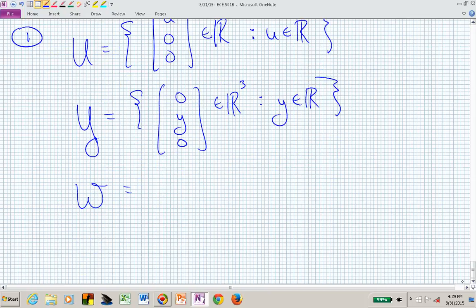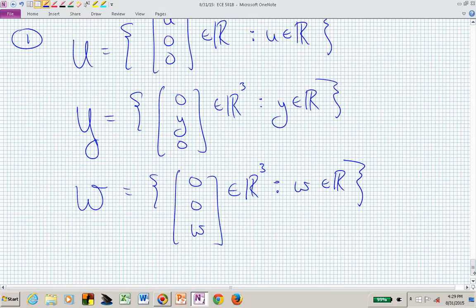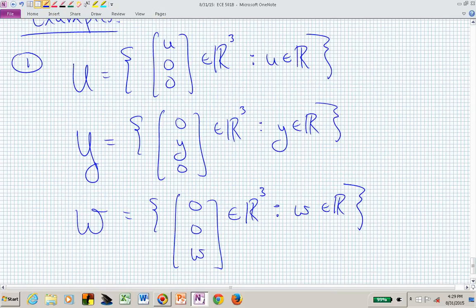Now script W is equal to (0, 0, w), where the first two coordinates are 0, and the third coordinate is real. Now, is it clear that the three-dimensional space V, R3, is the sum of U, Y, and W?